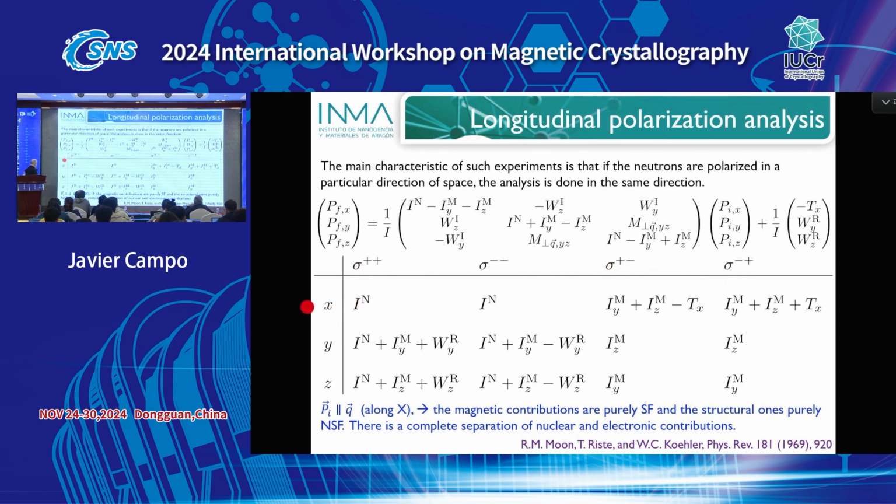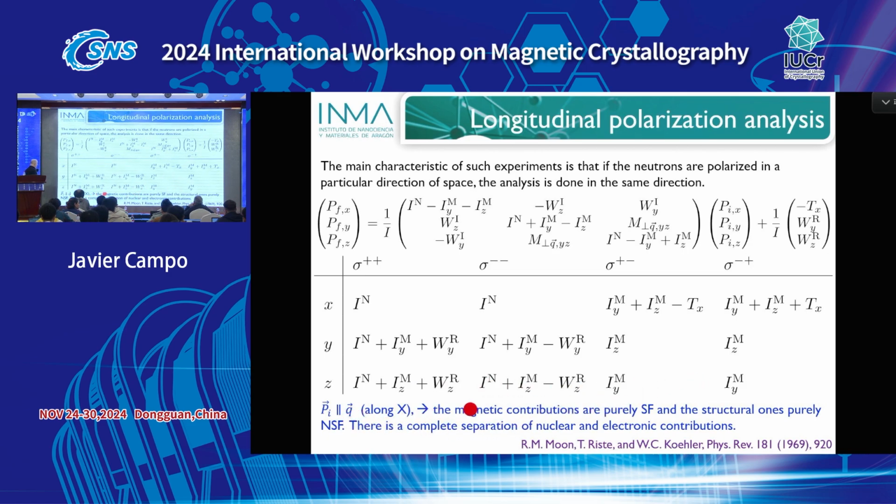The sigma X up-up is telling you the nuclear part. The sigma minus, the nuclear part. Of course, if there is no spin flip, we are also observing the nuclear part. If there is a spin flip, we observe the magnetic part also. And for Y, we have this, and for Z, we have this.